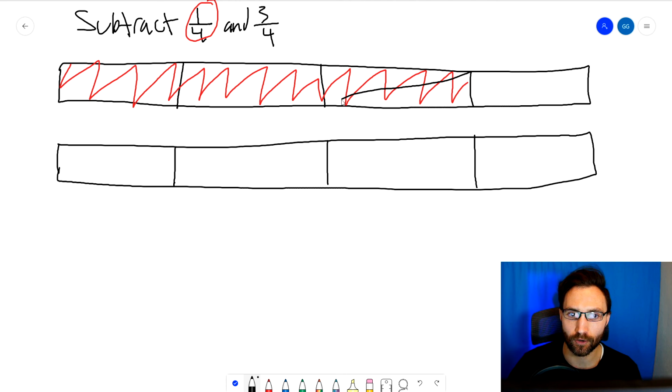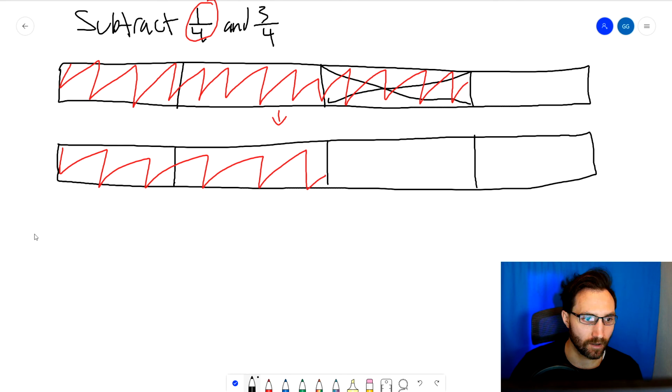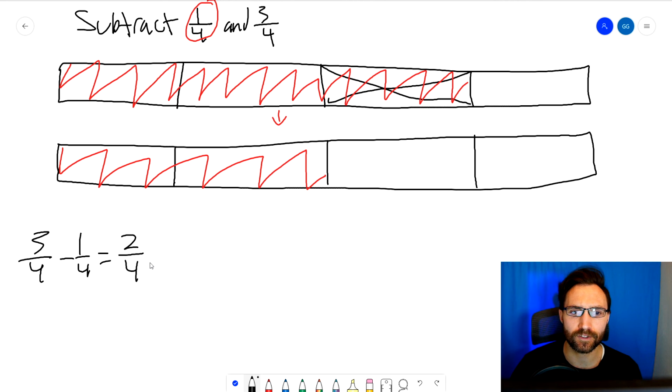Well, if we cross out 1/4, then how much do we have left over? We have 2/4. 3/4 minus 1/4 equals 2/4.